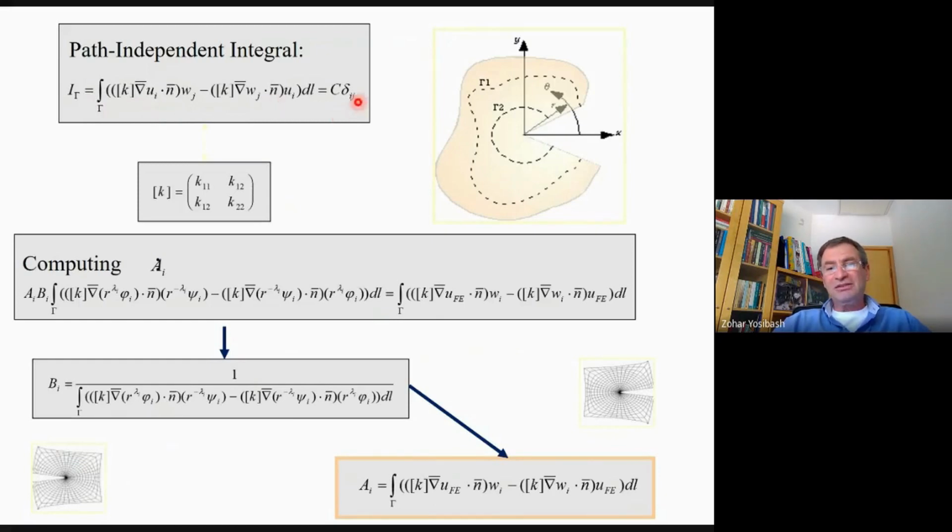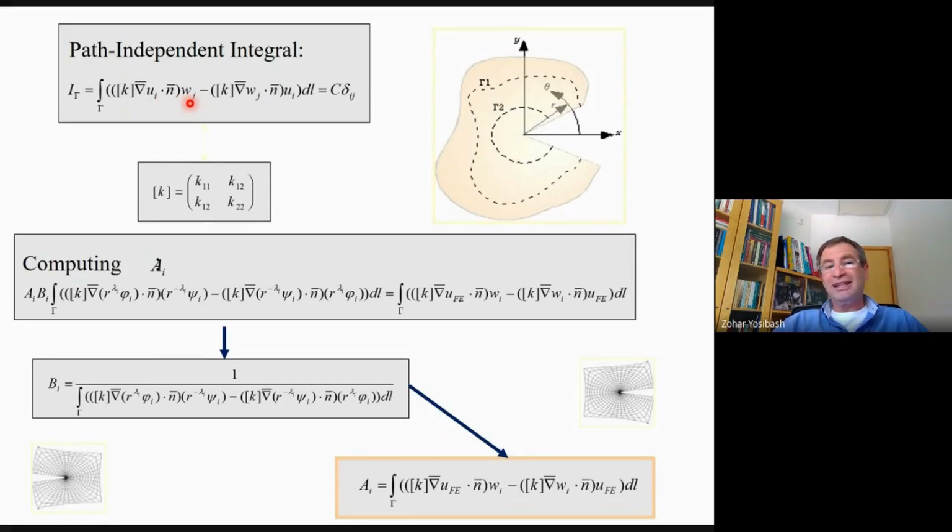But because of this fact, if I would like to extract, for example, A1, which is associated with K1, the stress intensity factor, then I take here the infinite sum, but I choose here the dual solution associated with lambda 1. And then when I plug it here, because of the orthogonality, this term will be orthogonal to all the terms in the sum except one of them, which has the same index.